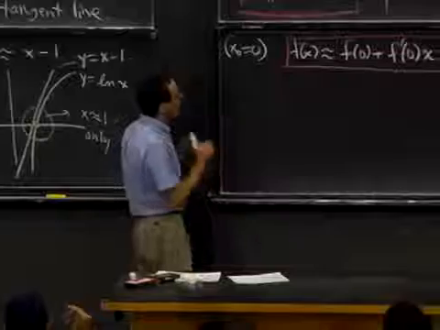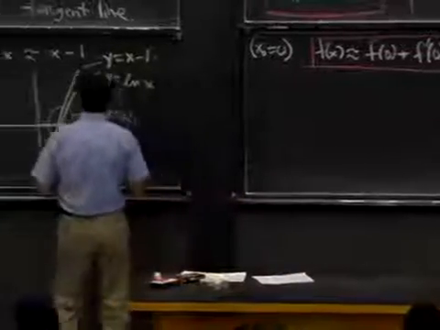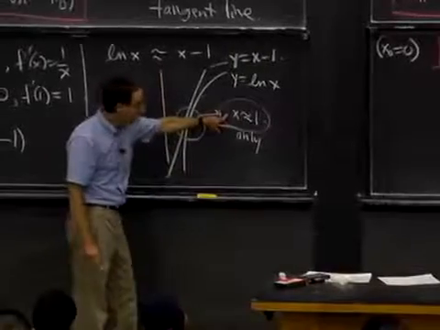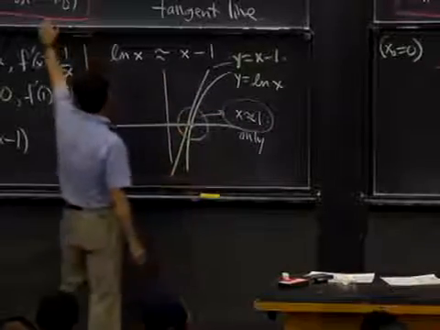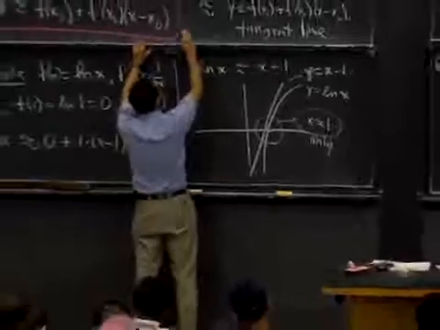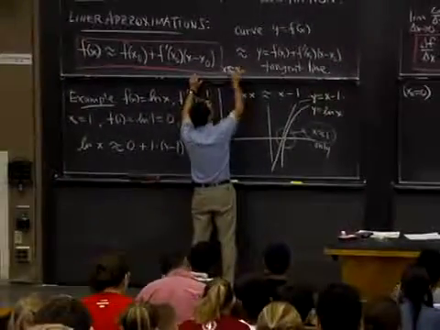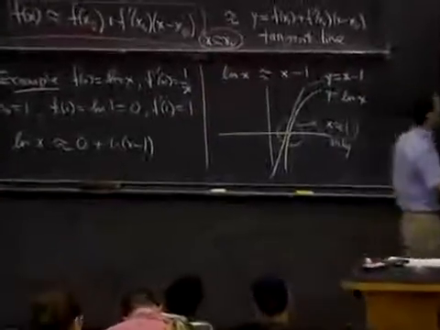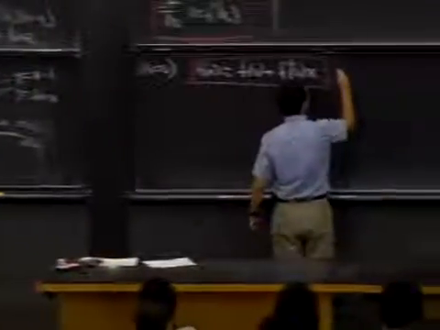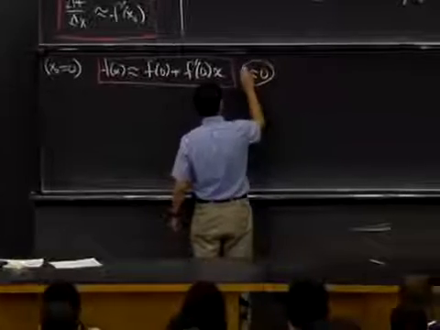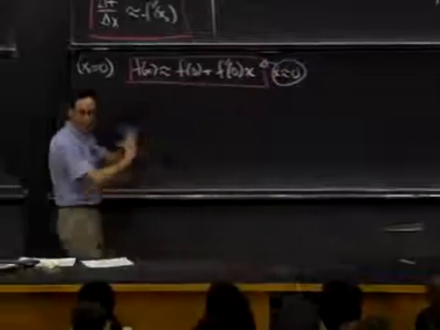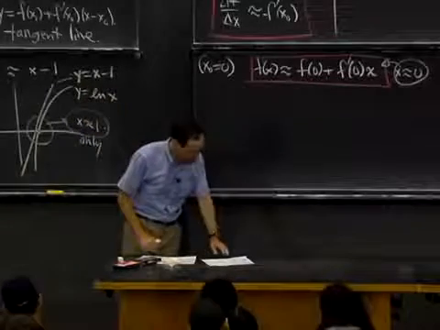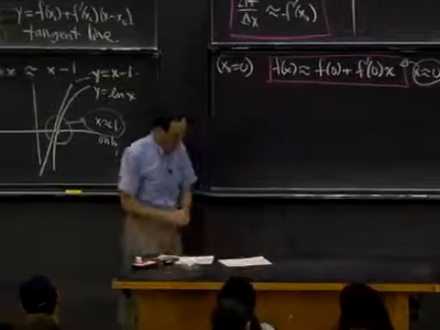But one always has to remember, and this is a very important thing, this approximation really only works when x is near x0. All right, so that's a little addition that you need to throw in. So this one works when x is near 0. Right? You can't expect it to be true far away. The curve can go anywhere it wants when it's far away from the point of tangency.